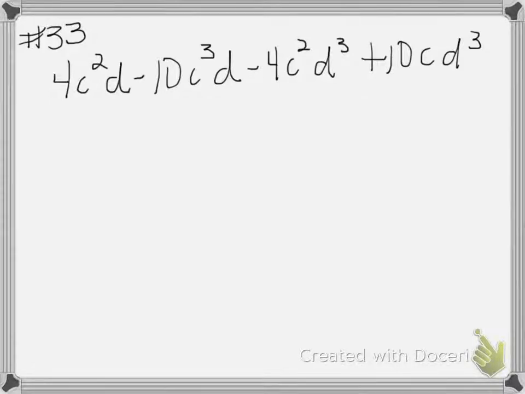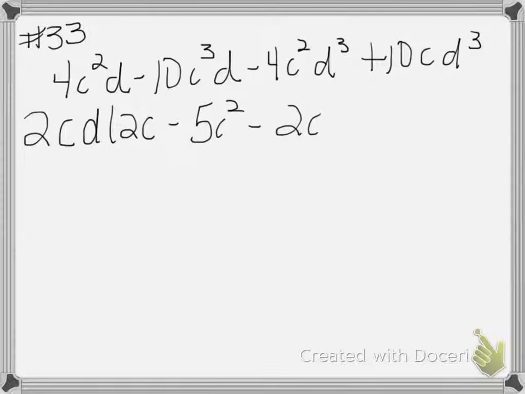Okay, here's number 33 on your review. I am going to factor out a 2cd. And I get 2c minus 5c squared minus 2cd squared plus 5d to the second. Now I'm going to factor by grouping.